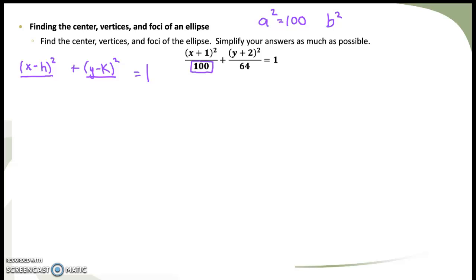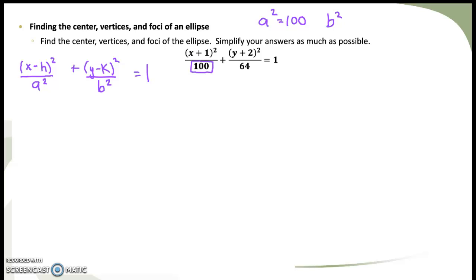So a² is going to be 100. That's important to identify, because our a² is now over our x. So our equation is (x - h)² over a² plus (y - k)² over b² equals 1.